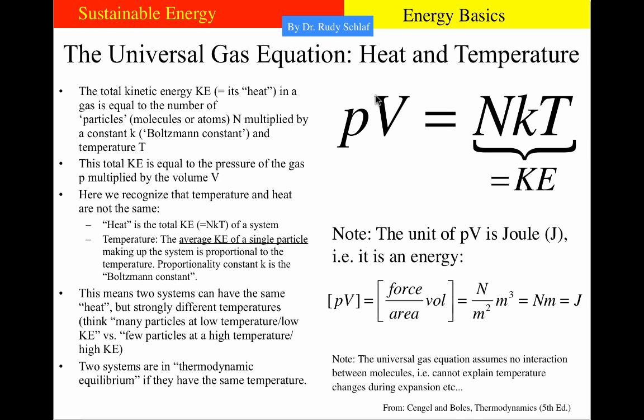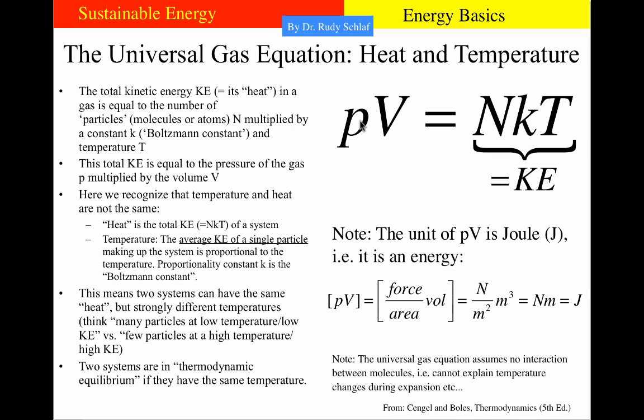And that makes sense because the volume at a certain pressure tells us how many particles we have. So the volume is proportional to the number of particles. And the pressure comes from how hard these particles drum on the surface of the container that holds the gas. So that is the pressure. Pressure is nothing but an expression of the kinetic energy of the particles that are inside that vessel that holds the gas.